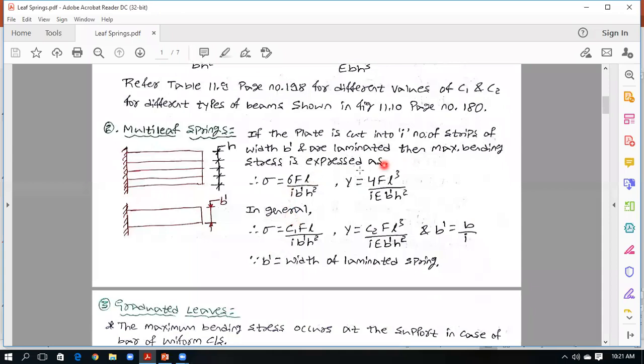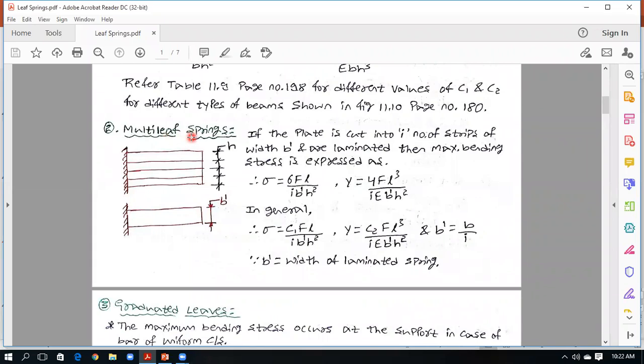And this member will be subjected to maximum stress. The maximum bending stress equation, you can take from the data handbook, for the multiple leaf spring condition.